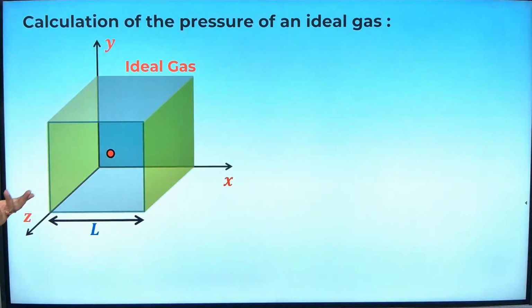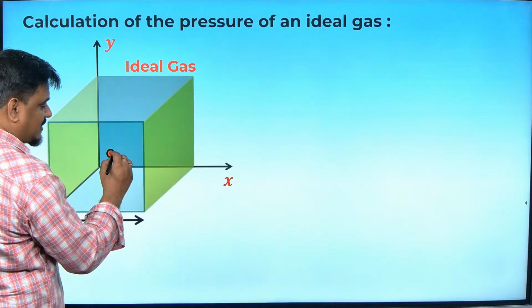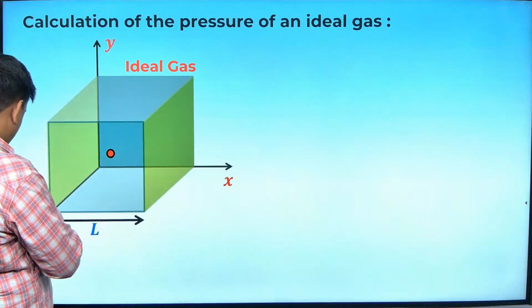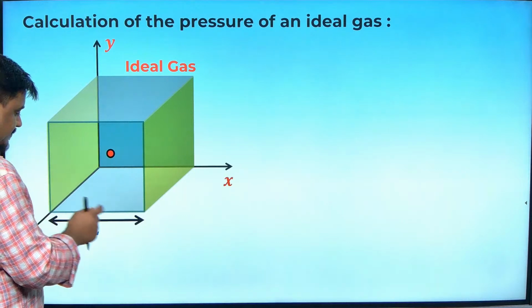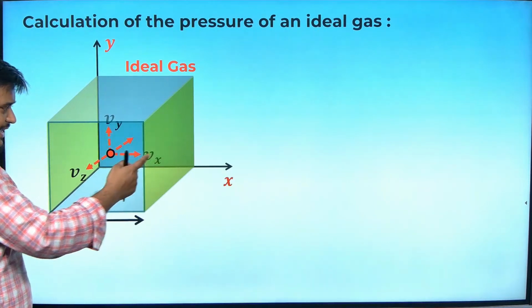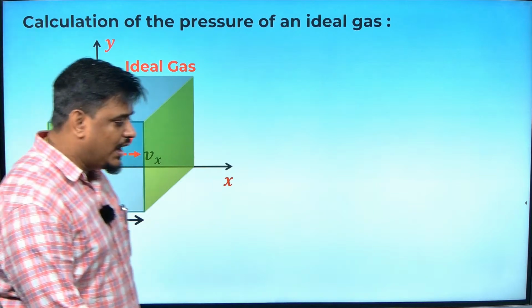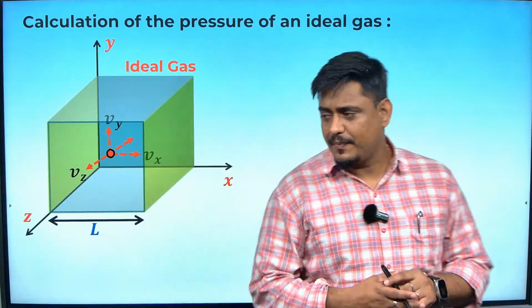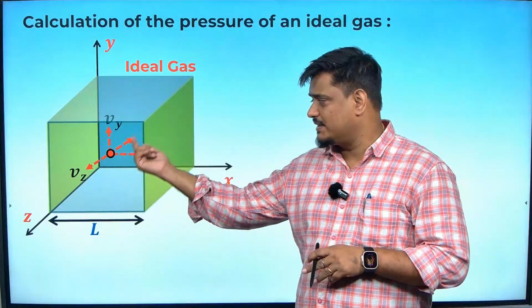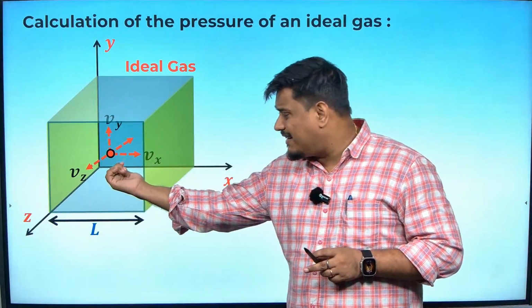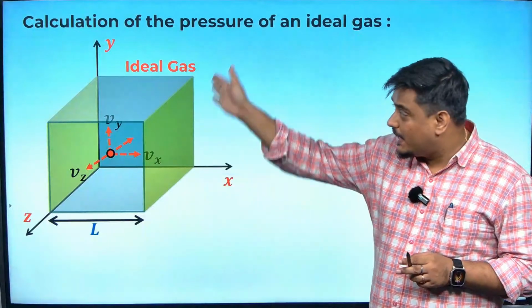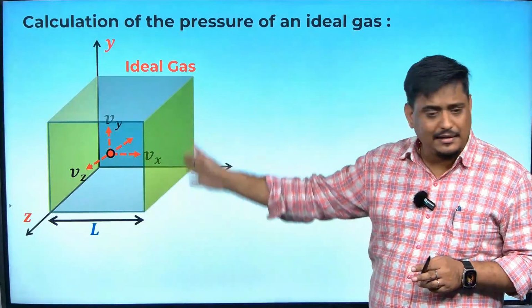So usually, the velocity will have three components: Vx, Vy, Vz. Or you can write Vx i cap plus Vy j cap plus Vz k cap also. So it has three components. It can go anywhere. So what I will do, I will first try to find that if this gas particle had gone in x direction and hit this plane, this can be called the yz plane.